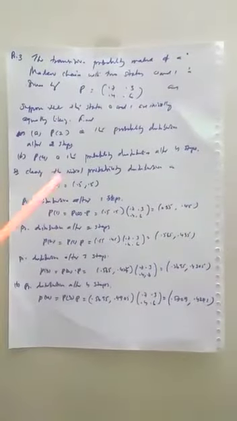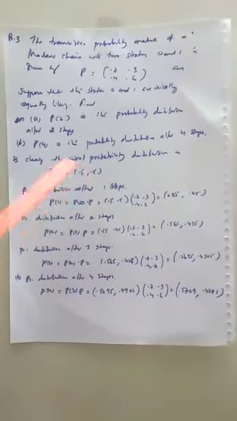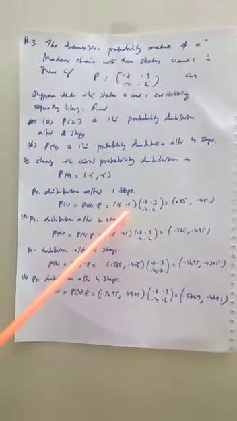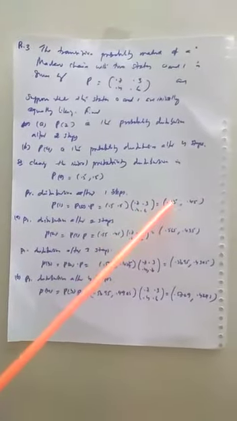Given that the initial probability distribution is P of 0 is equal to 0.5, 0.5. Now, first we can find the probability distribution after one step, P of 1, that is equal to P0 into P. P0 into P is [0.5, 0.5] into [0.7, 0.3; 0.4, 0.6], which is equal to 0.55, 0.45.